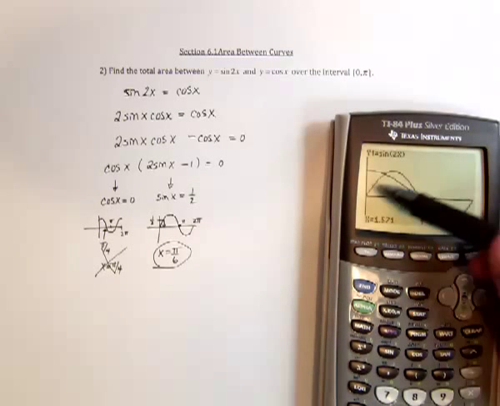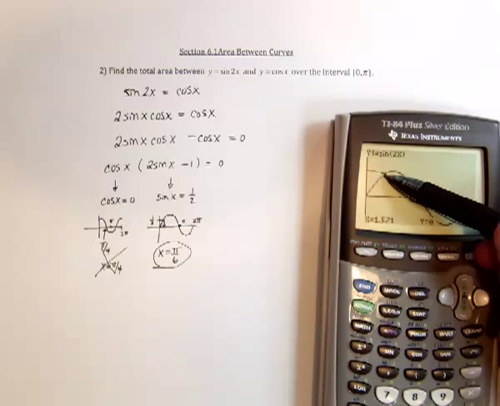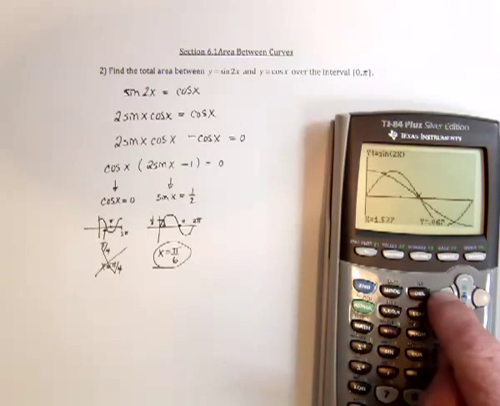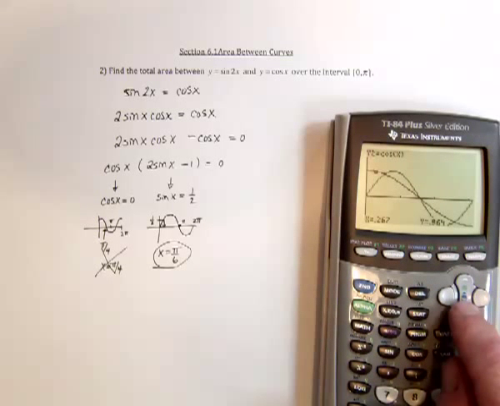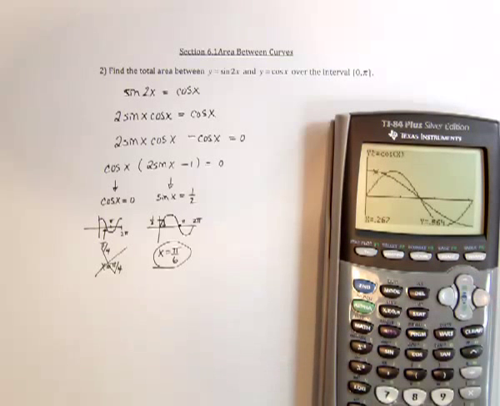So first of all, we'll integrate from 0 to right here, which is the pi over 6. And whichever function that is, it's going to be that one minus the bottom one. So we can see that right here, the top one is cosine, the bottom is sine of 2x. So it's going to be the top one minus the bottom one.